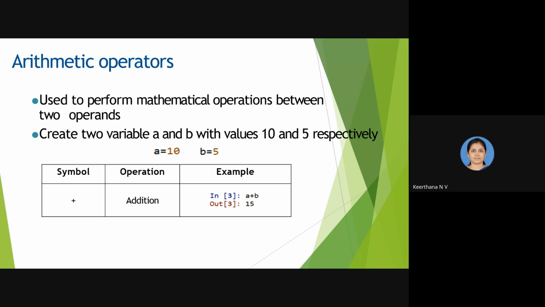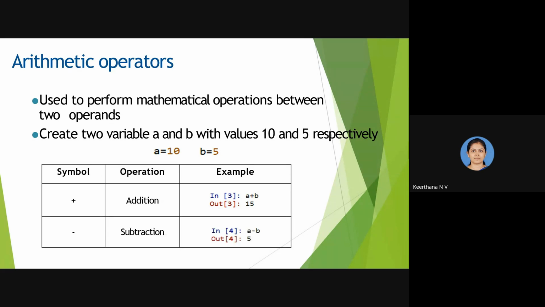You perform addition on two numbers, or you can use this addition operator for concatenating strings also. Here in addition, I have predefined values, A equal to 10 and B equal to 5. After adding this, I'm getting an output of 15. So it is performing an addition.